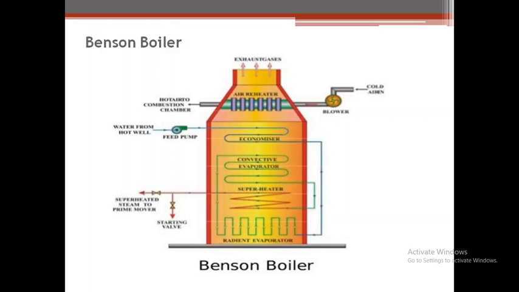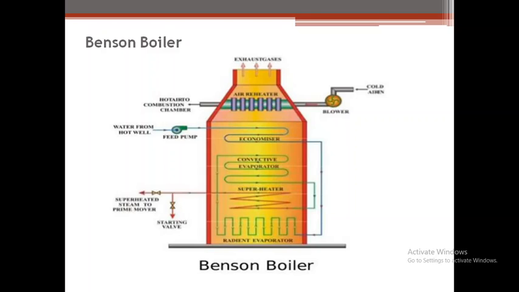As we have seen, this is a supercritical boiler, so for its controlling there is a need of a monitor for preventing any explosion. Next, boiler control for the variable load is difficult. So this Benson boiler is difficult to control for the variable load. These are the disadvantages.